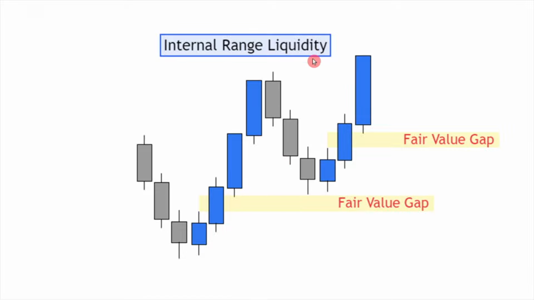Internal range liquidity refers to the inefficiencies inside of a price range, most commonly identified as fair value gaps or imbalances. These represent areas where the market moved too quickly, leaving behind unfilled orders. The price often comes back to rebalance.